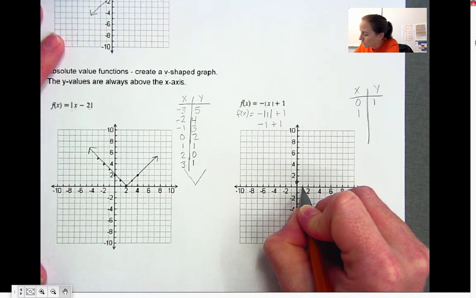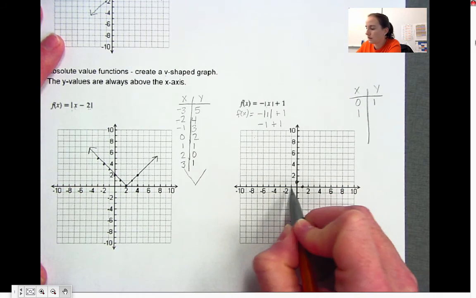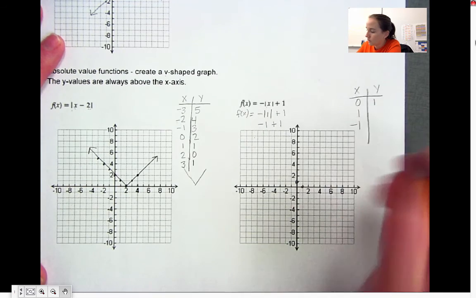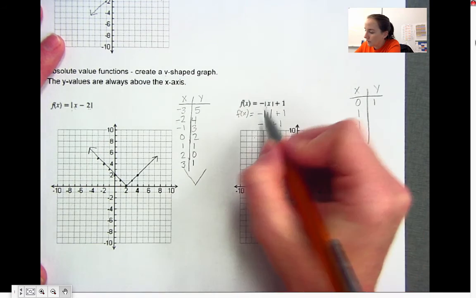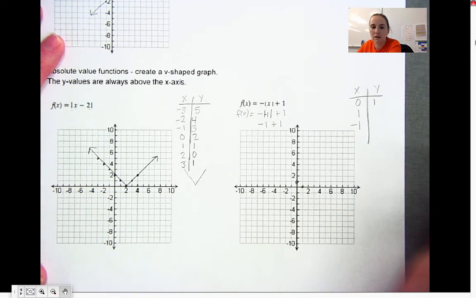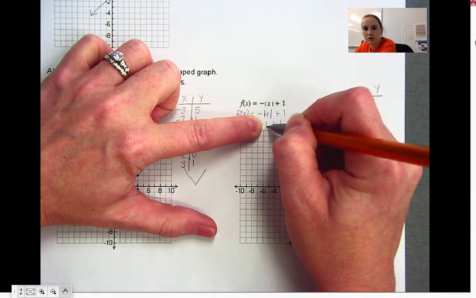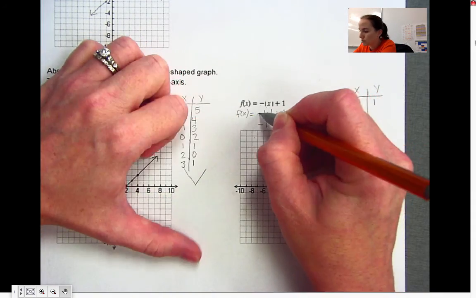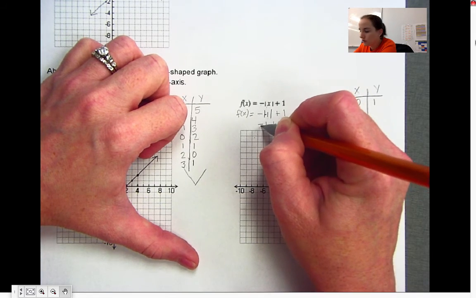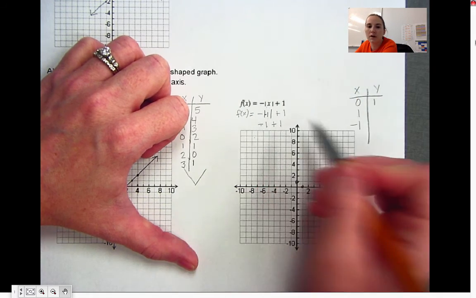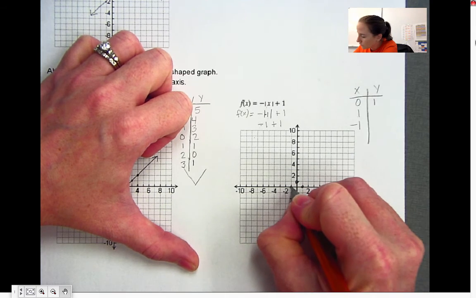So at 1 we get 0. Well, let's try at negative 1. The absolute value of negative 1, if I put in the negative 1 here, would still generate a positive 1 here. And then I'd have to pull this negative back down again. So I still get negative 1 plus 1, which is 0.